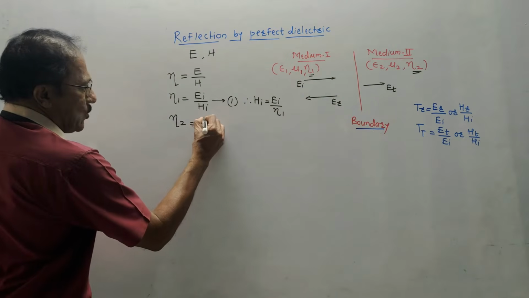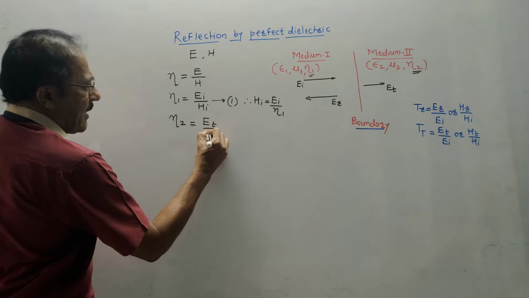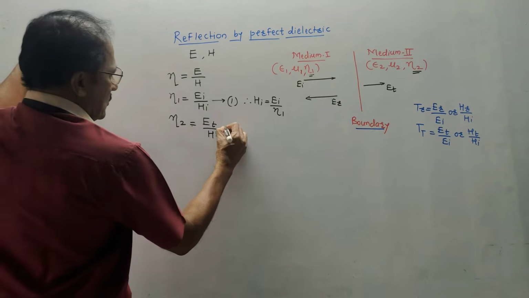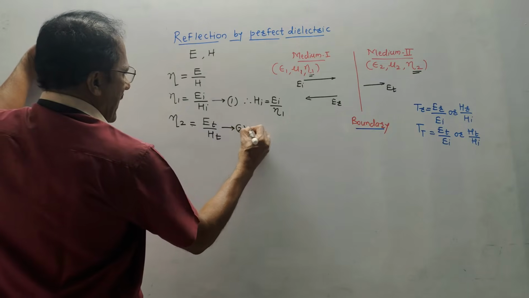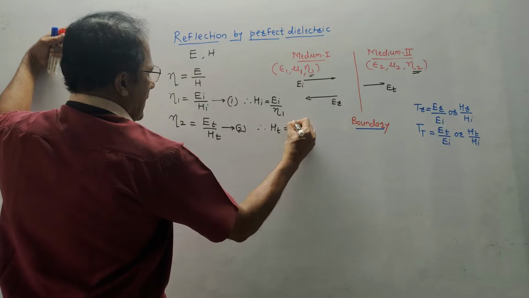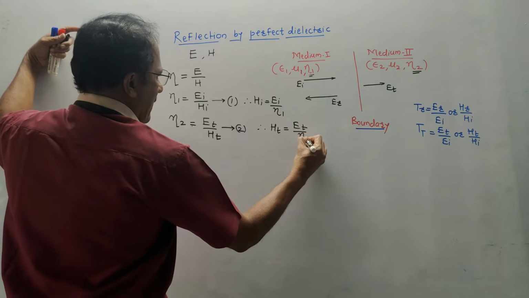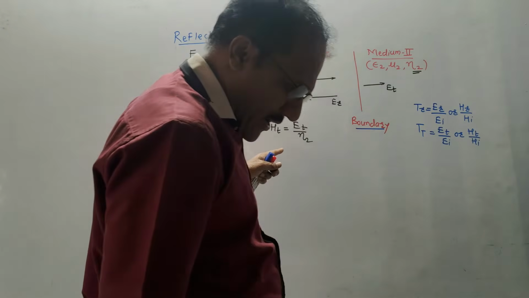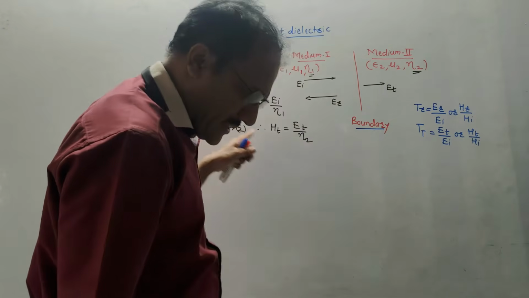So for eta 2, I can write ET upon HT by considering the basic definition E by H. Say this is equation 2, and from this I can well write HT is equal to ET upon eta 2. So these are the two basic equations which I have generated.